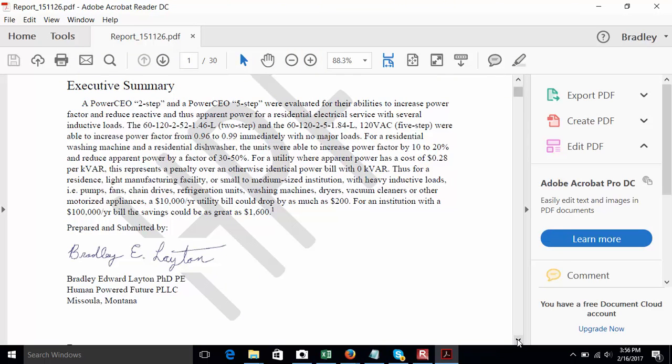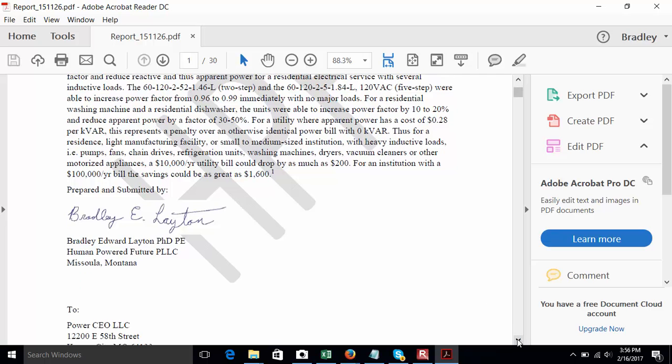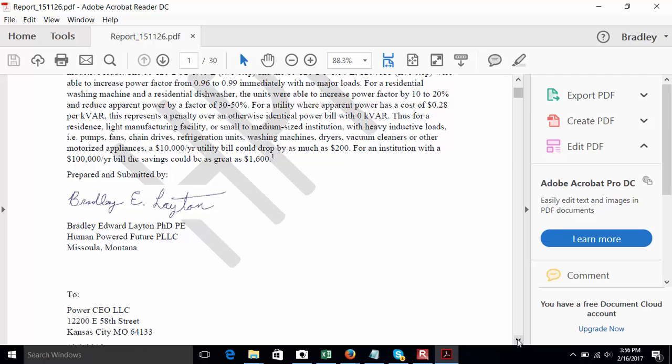Okay, so what I'm going to show you here, I'm going to minimize as much as I can the reference to the company that contracted this, and just focus on the physics. There are several companies out there that provide what's called a power conditioning device.